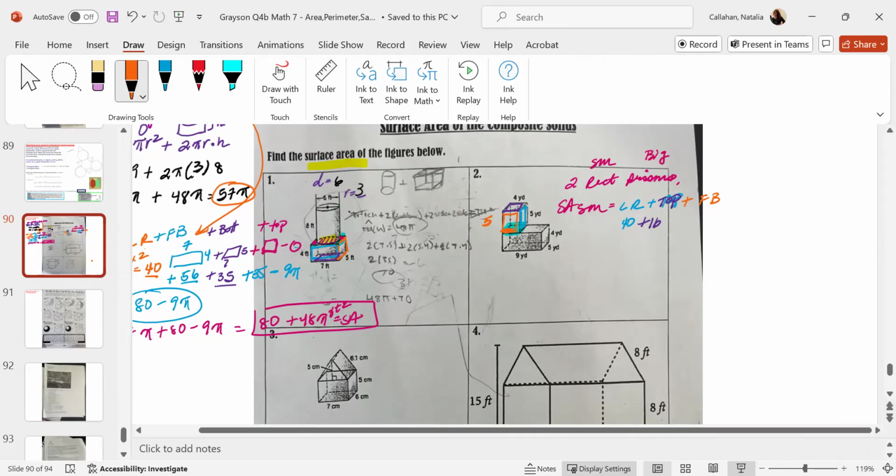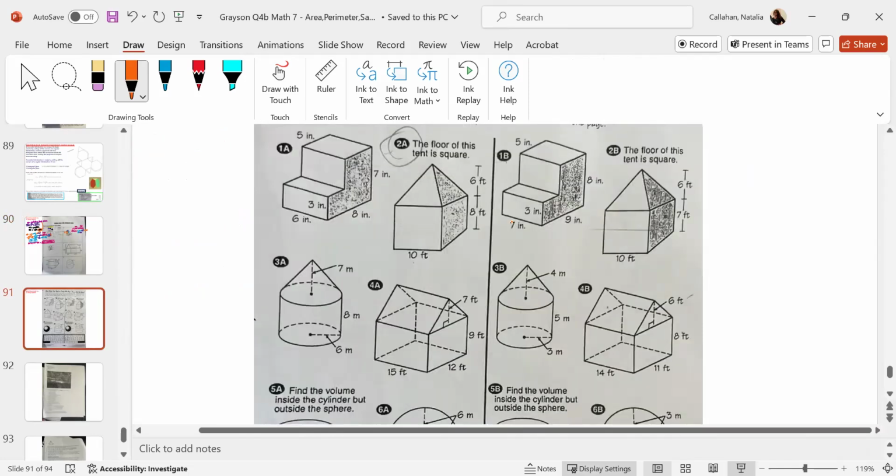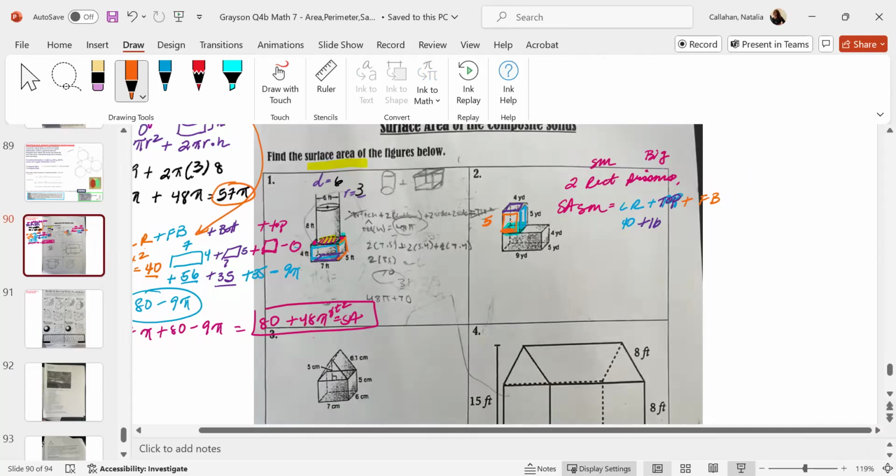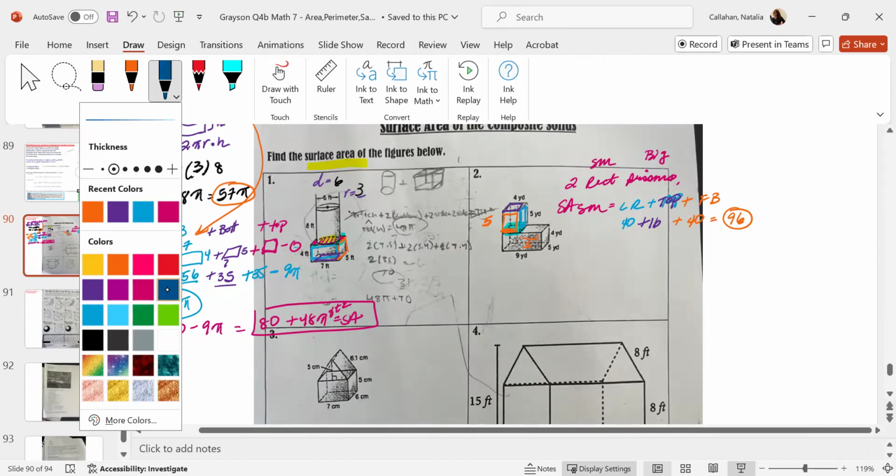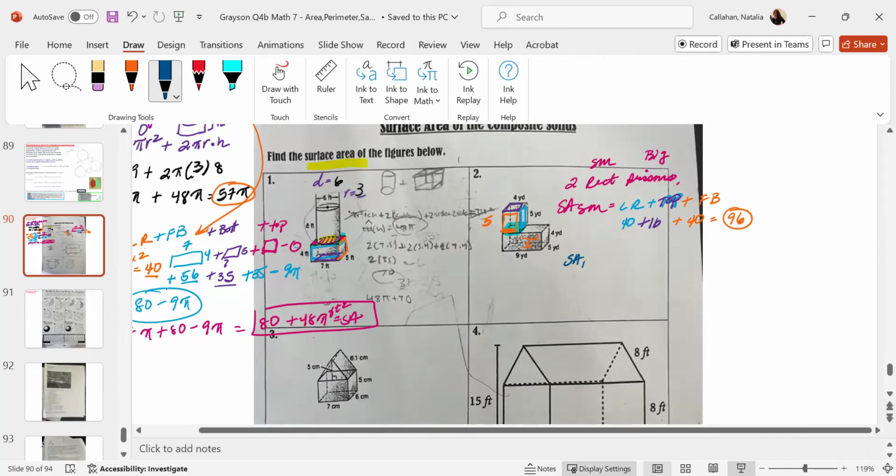I don't think that's 4. Oh no, it is 4. Just kidding. I'm thinking about this part. This part right here is 5, right? Yeah. Okay. So that's gonna be 20. There's two of them, right? So that's 40. So now together, that's 96, right? All right. So then let's take a look at the surface area of the big rectangular prism.